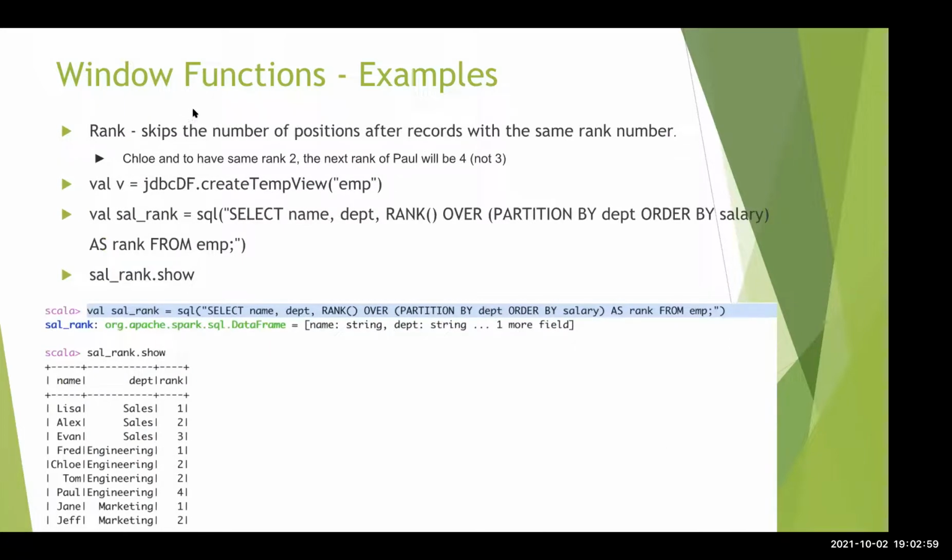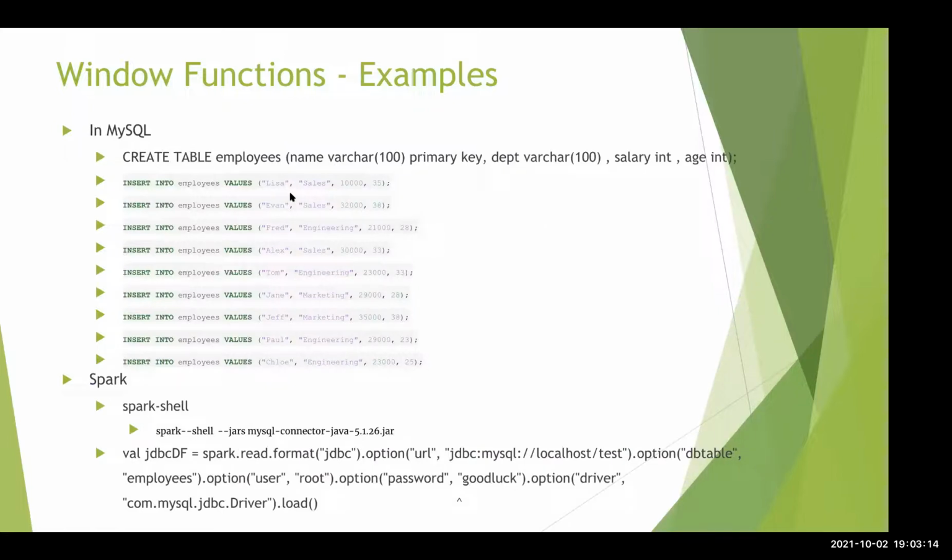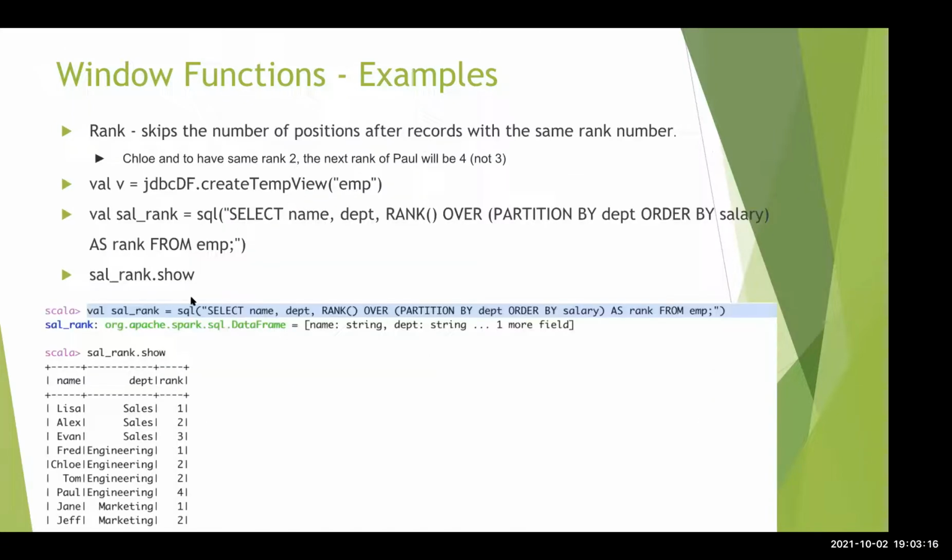Now let's look at an example. We are creating a temp view and we are using a rank function. Now, see carefully, let's go through this, then I'll tell you the difference.